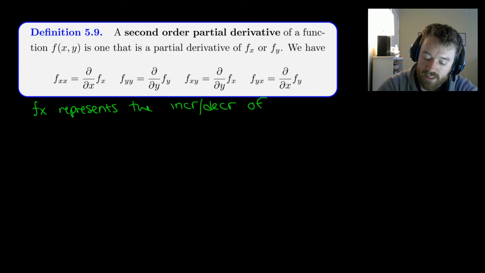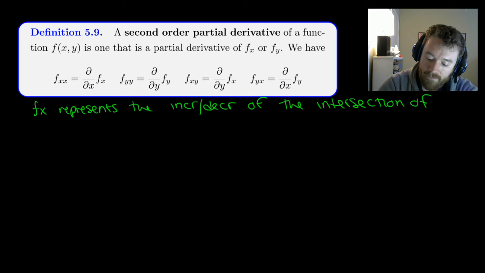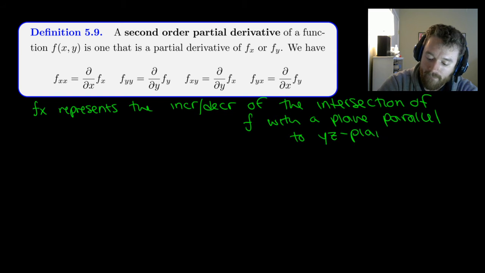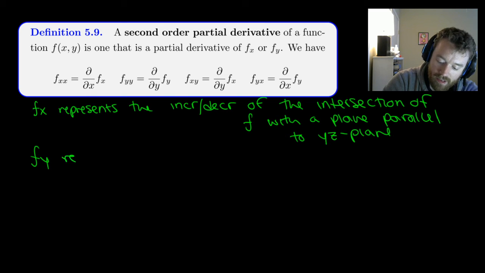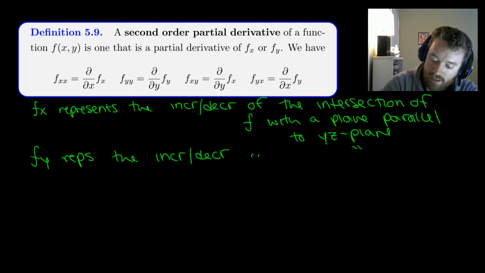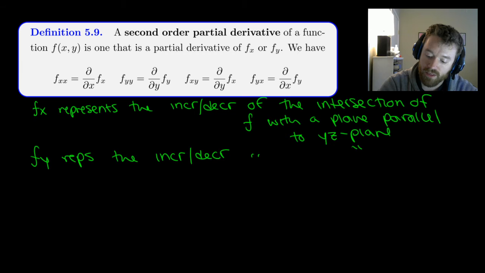So the increasing, decreasing of the intersection of f with a plane parallel to the yz plane. Fy represents the increasing, decreasing of the intersection of f with a plane parallel to the xz plane.